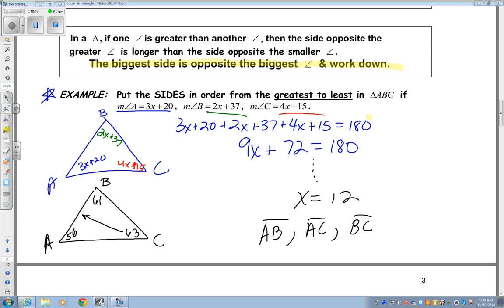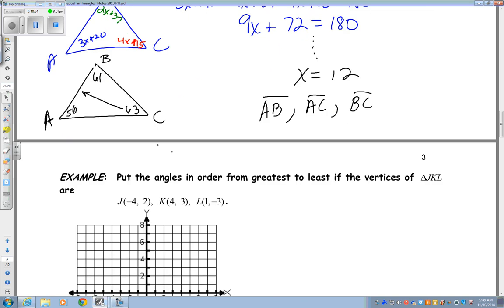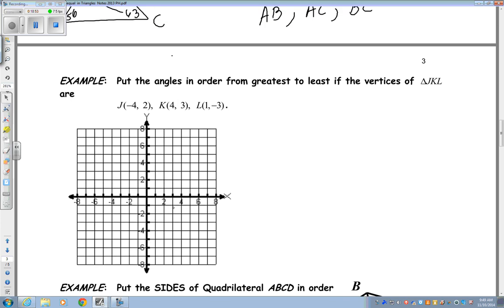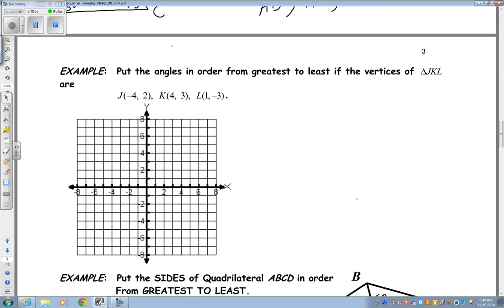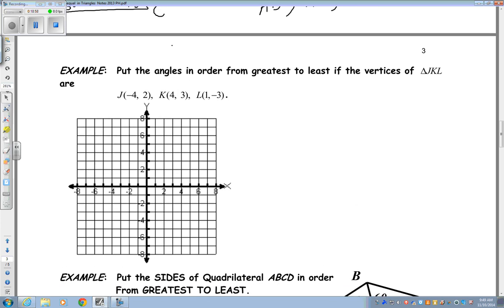Questions on this? Any questions? All right, now we're going to take that fact, understanding the relationship between the biggest angle and the biggest side, and use it with coordinate geometry as well. So put the angles in order from greatest to least if the vertices of the triangle are given.